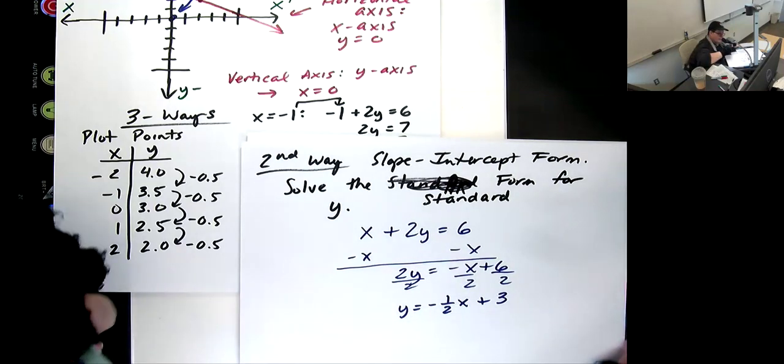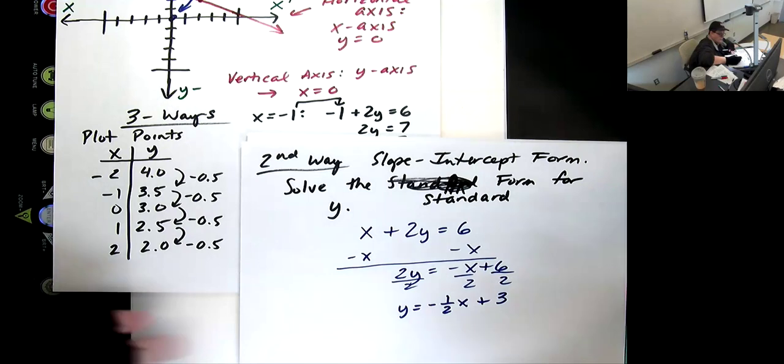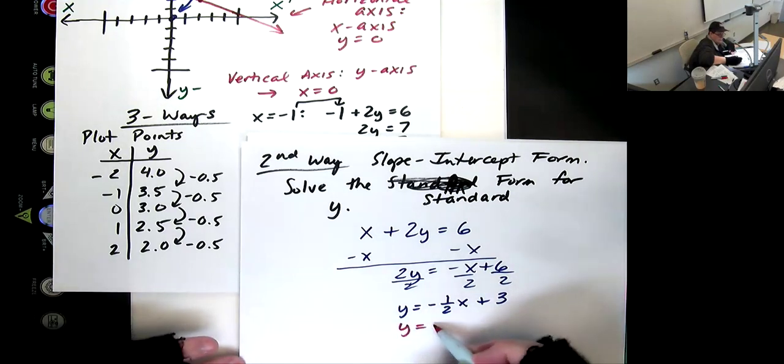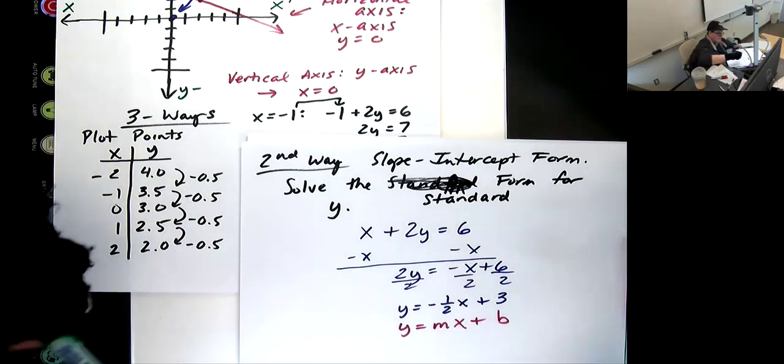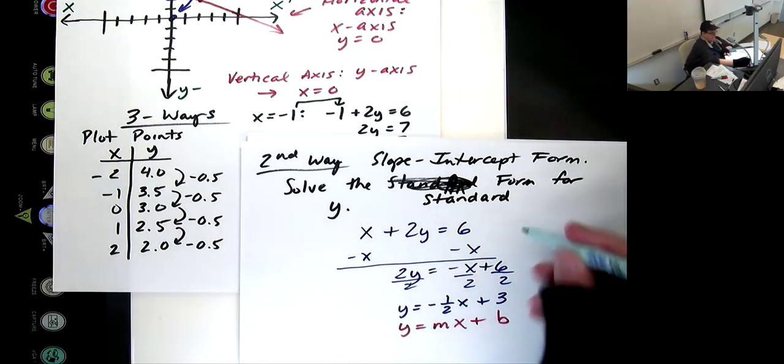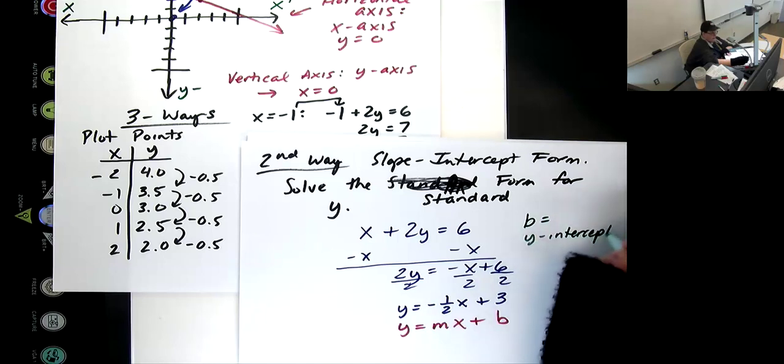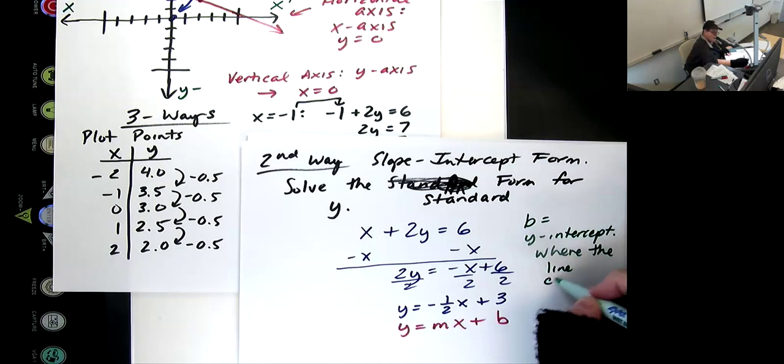So this is in the form y equals mx plus b. B is called the y-intercept. It's where the line intercepts, or crosses, the y-axis.